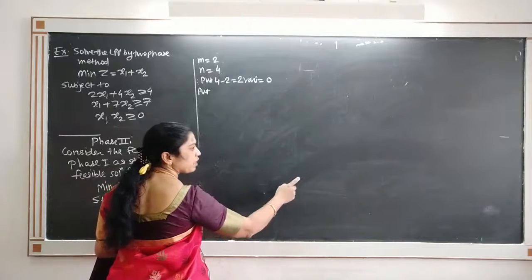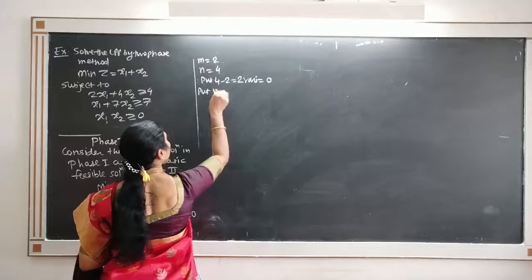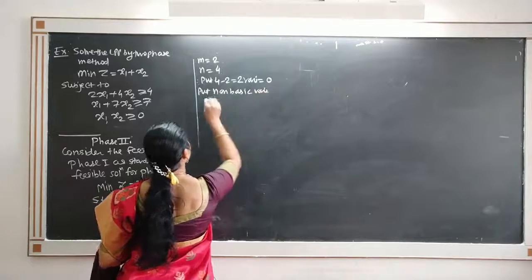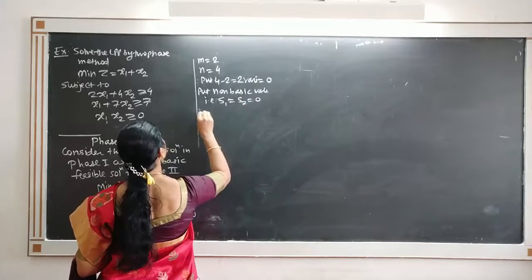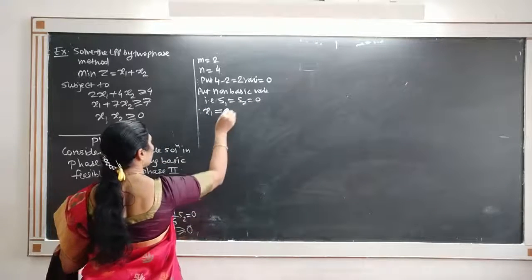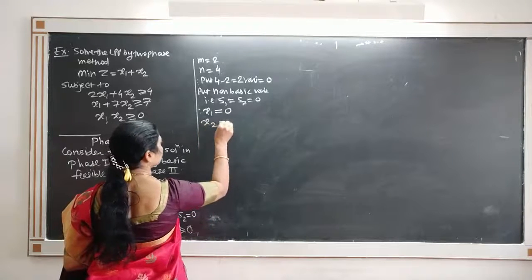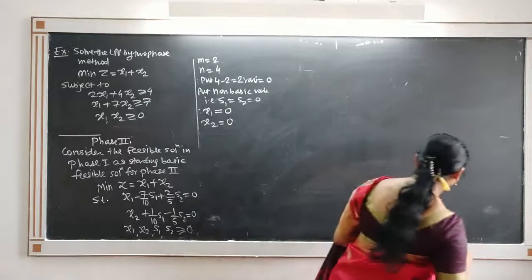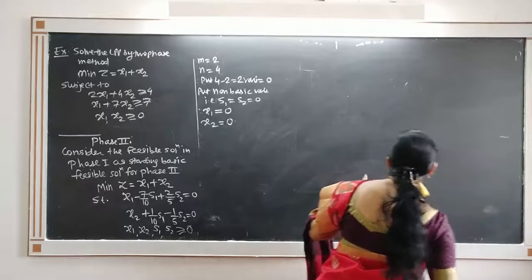In the last table we get x1, x2 as basic variables, so don't put x1, x2. Put the non-basic variables s1, s2 equal to 0. So we get the solution x1 is equal to 0 and x2 is equal to 1.